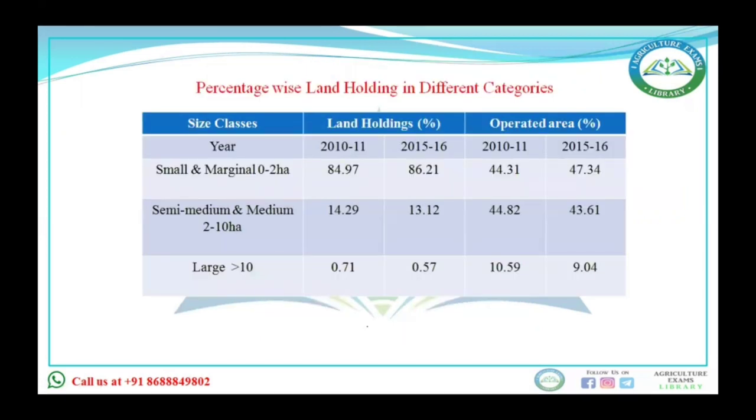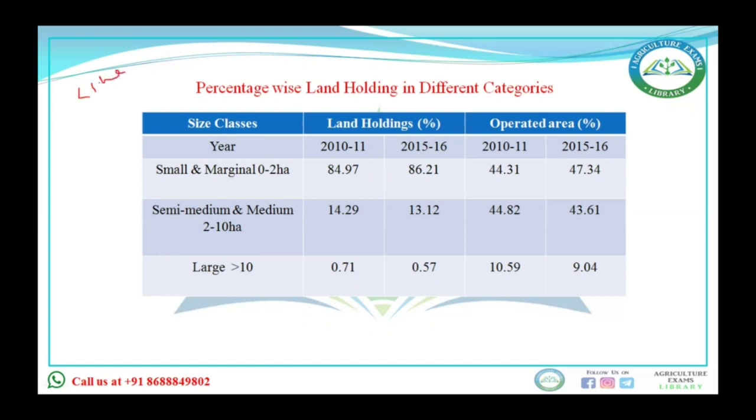See, when you talk about the agriculture census 2015-16, the percentage share of land holdings is given there. First you see the category of farmers. Marginal farmers means farmers having land holding size of less than 1 hectare.